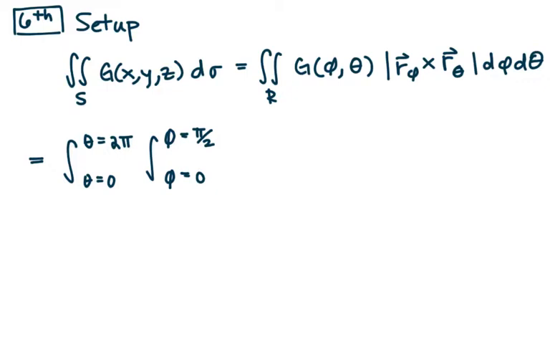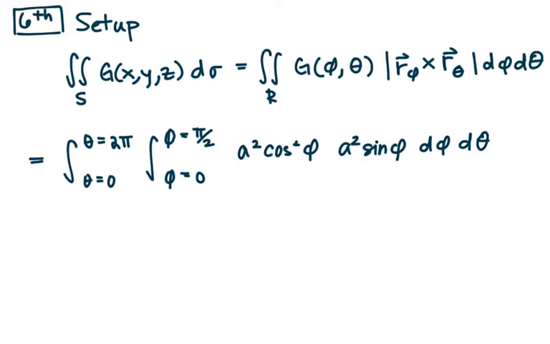My function g in terms of phi and theta is a squared cosine squared phi. This cross product was a squared sine phi, and then we've got d phi, d theta. So now this is pretty easy for us to integrate.